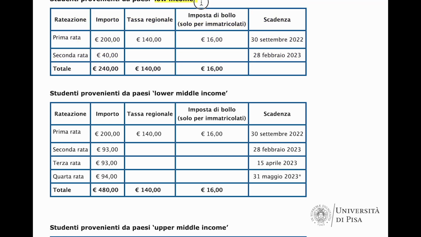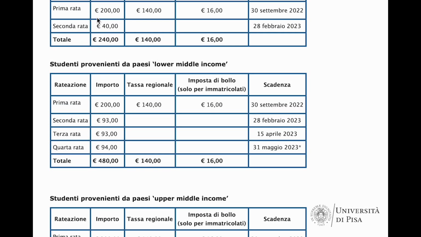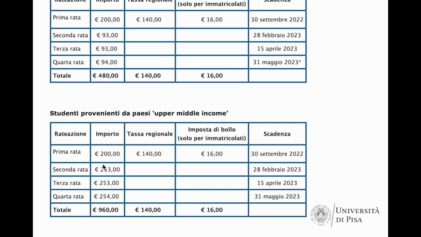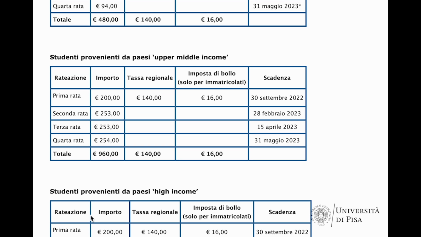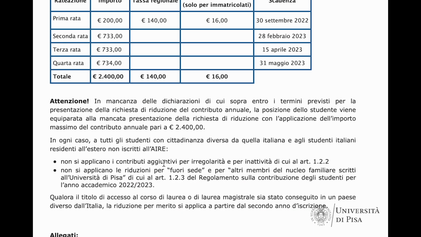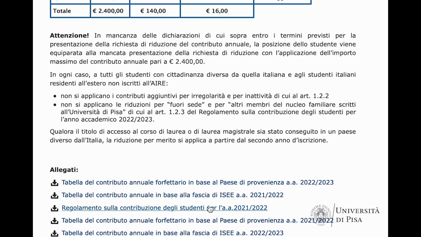If your country is low income, you will pay only for the first installment, with the deadline 30 of September of the current year, 200 plus 140 plus 16, and second installment only 40. If your country is lower middle income, you will pay this plus this plus this plus this plus this one. If your country is upper middle income or high income, you can find the schedule for the countries here.